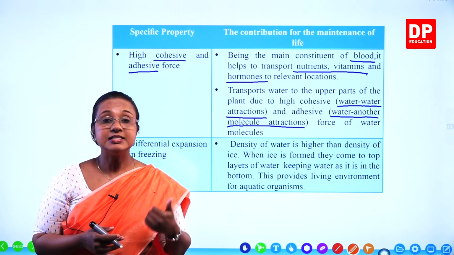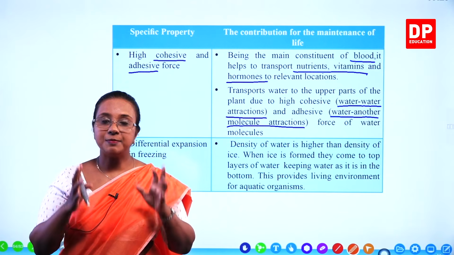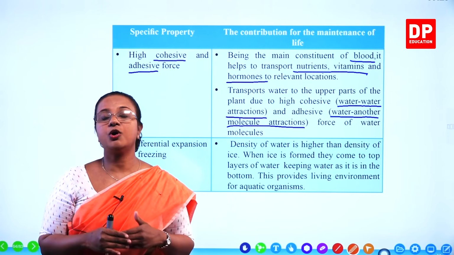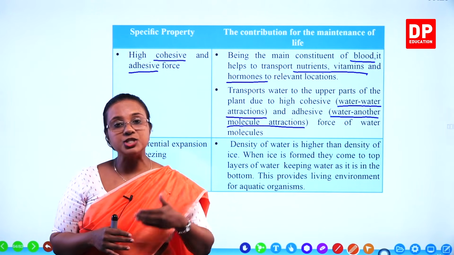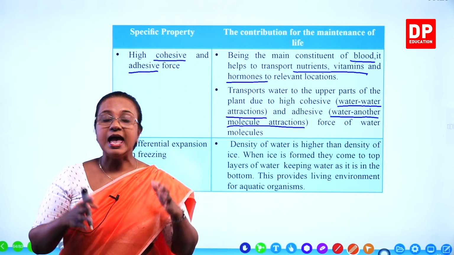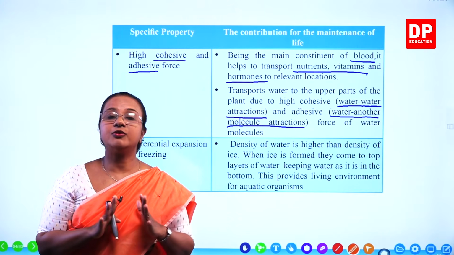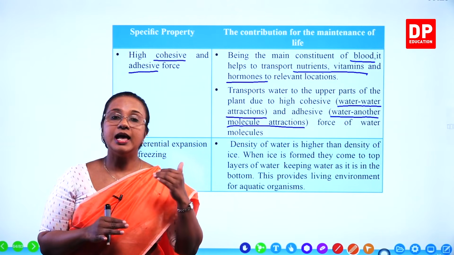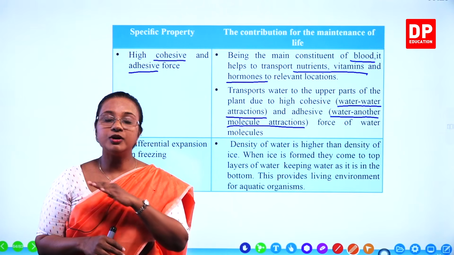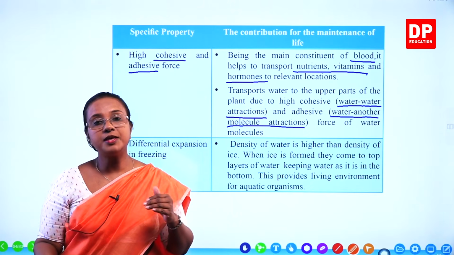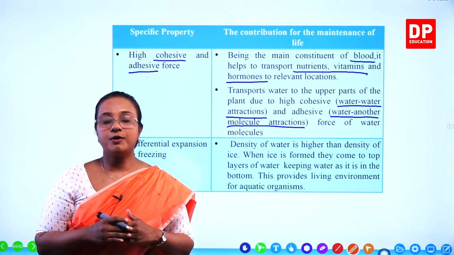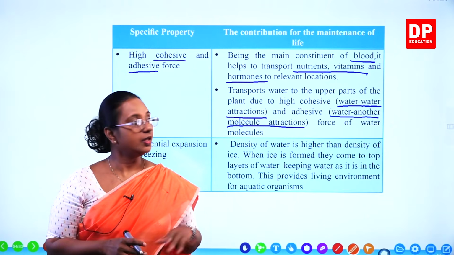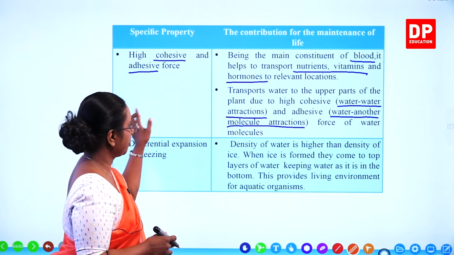That is the xylem tissue. In a plant stem, there is a tissue called the xylem through which water is transported, and the adhesive and cohesive forces of water help water to flow continuously from the root to the top of the plant. So, that is this property.